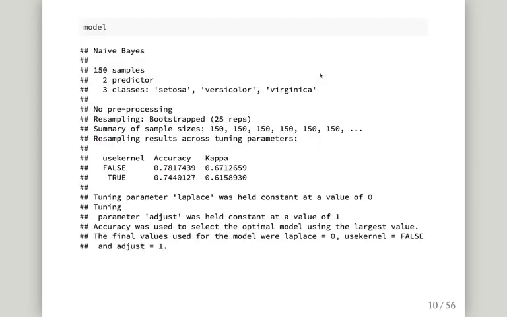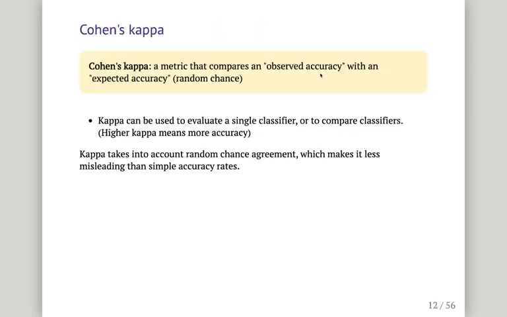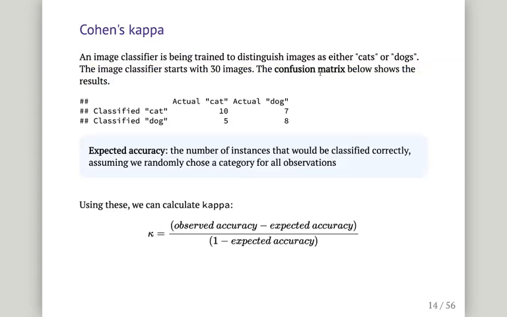We walked through building the model using the train function, and we also talked a little bit about some metrics for evaluating this model. Specifically, how can we use Cohen's kappa to evaluate a classifier, and what does that kappa actually represent? Kappa represents the improvement over random chance classification.